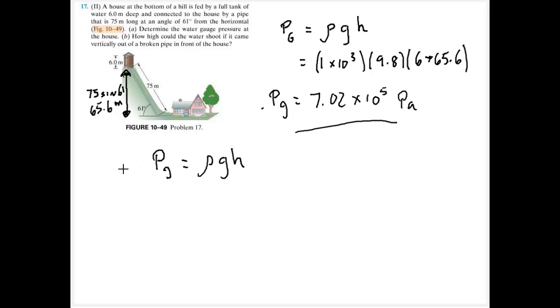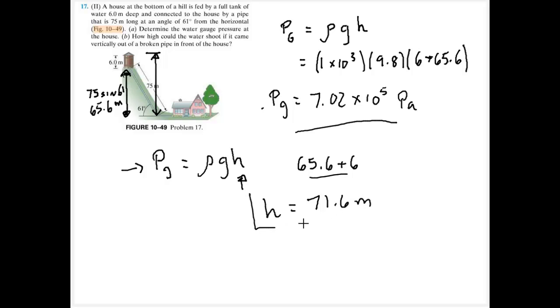So this pressure is simply going to be right there, and I'm left with, it's going to fly up to the very tippy top of the water tank. That's how high it's going to go in an absolutely perfect world. That height is going to be 65.6 plus 6, so that height is going to be 71.6 meters.